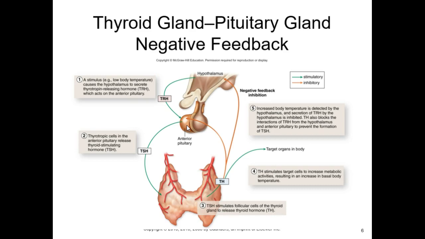I'm sorry, I want to clarify. You said for the pituitary disorder, TSH is low, TH is also low, and then TRH would still be secreted, so it'd be high. Yes. For a pituitary disorder resulting in hypothyroidism, TSH would be low, therefore TH would be low. Therefore, there would be an absence of feedback loop. Right. Therefore, TRH would be high.